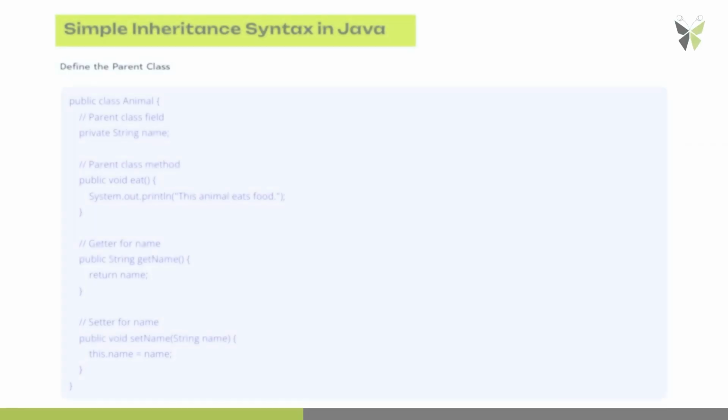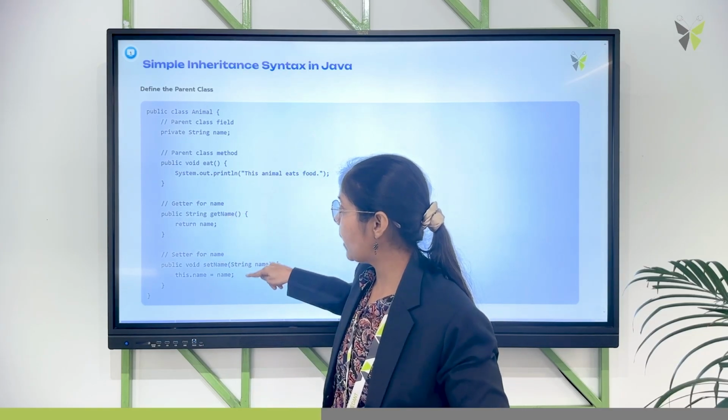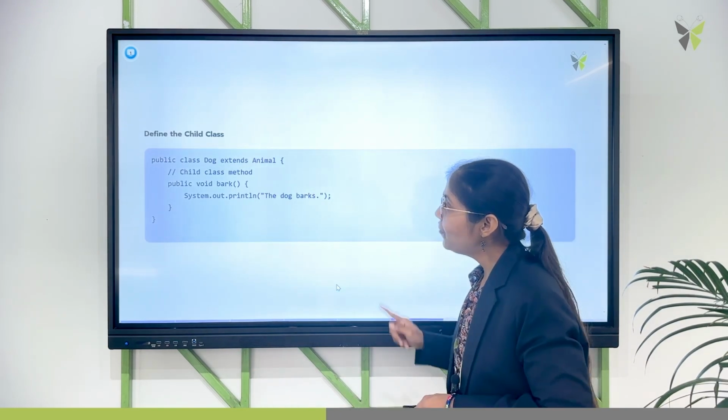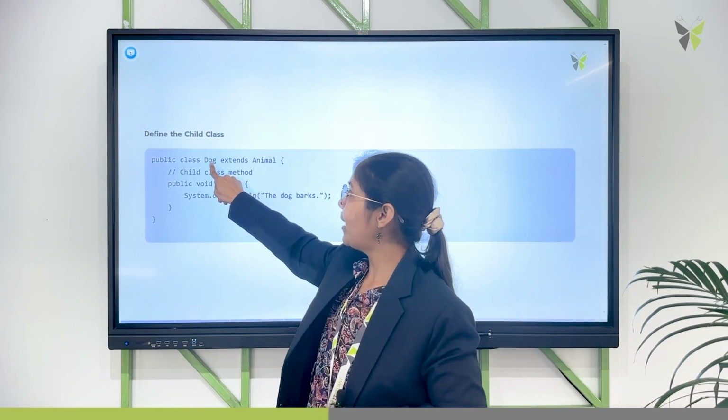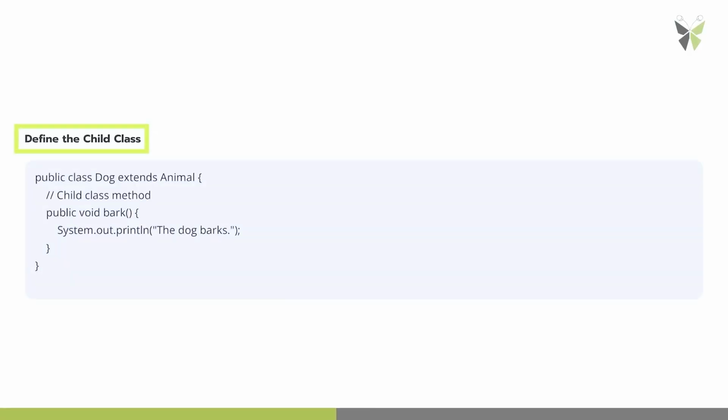Just to give you an example of simple inheritance. Here you can see there is a class Animal in which we have a variable declared as name, and a method eat. To access my private member name, we have two methods declared here, the getter and setter methods, getName and setName. And from there we are extending our child class, that is Dog. How are we doing this? We are using the keyword extends and indicating the name of the parent class here.